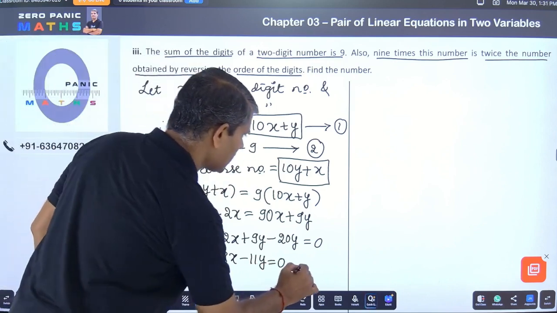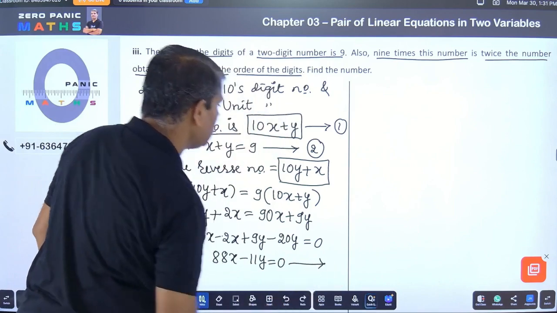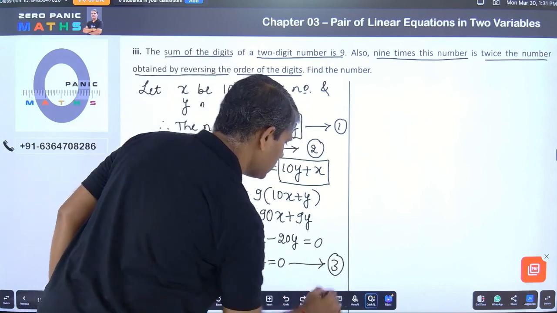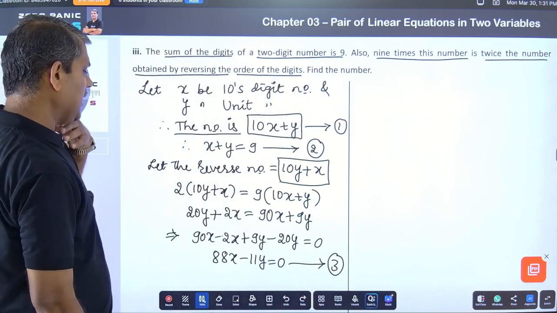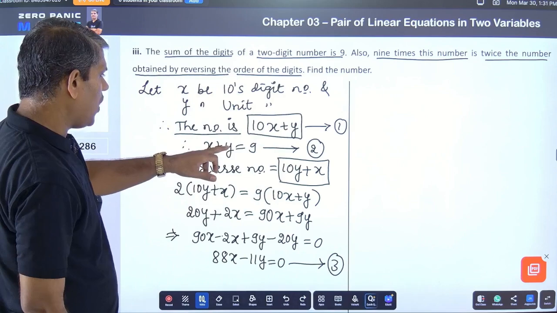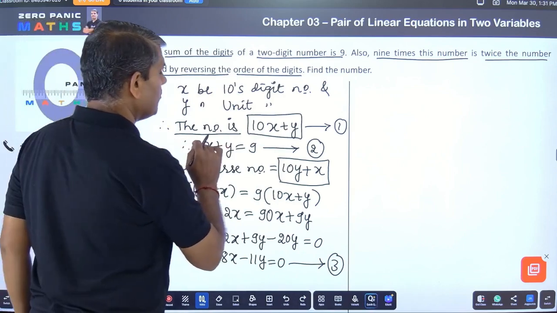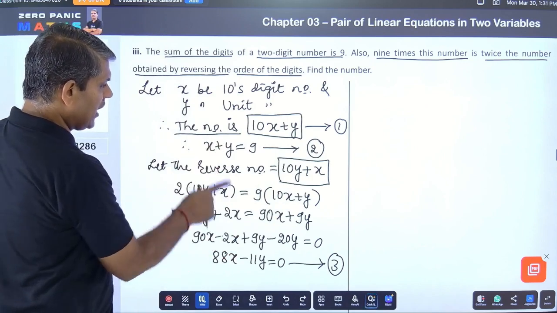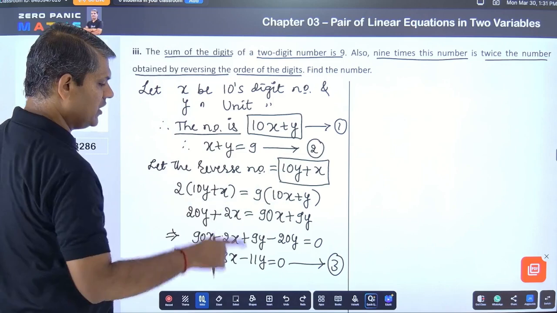Let us consider that as equation 3. Now, just to eliminate y, we can multiply equation 2 by 11, so that I can subtract that value from here.